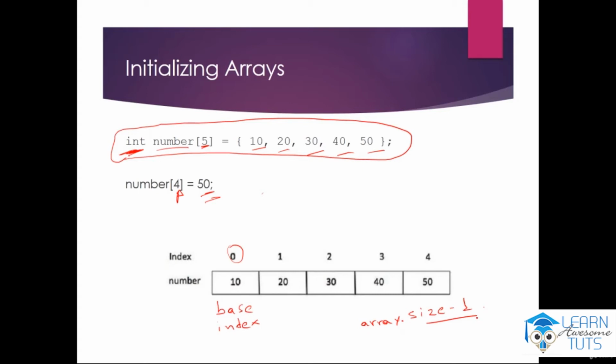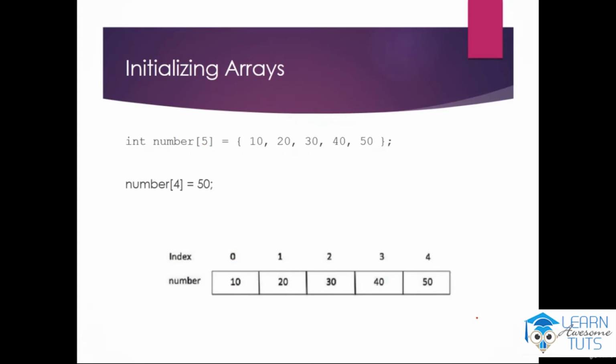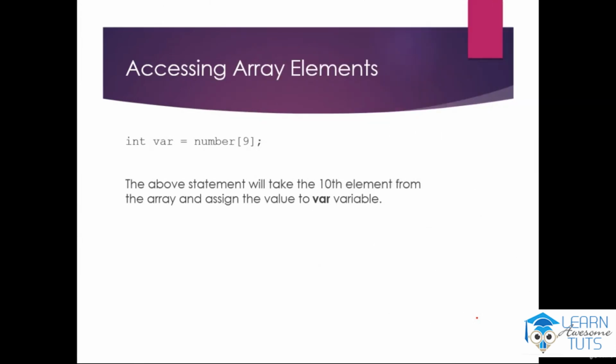As you can see, this statement will take the 10th element from the array and assign the value to the variable var. So an element is accessed by indexing the array name. This is done by placing the index of the element within square brackets after the name of the array, like here.